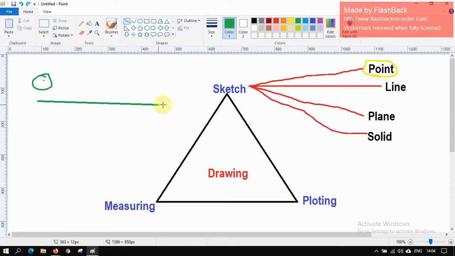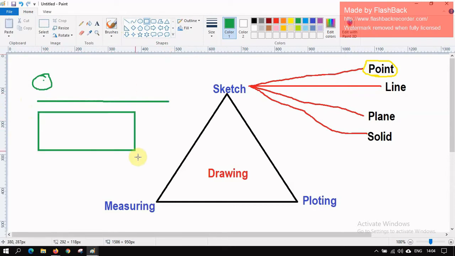Okay, fine. Next, if you join line upon line, what can you get? Now I have written the word plane. You can get this type of structure, right or wrong. This is nothing but an area.